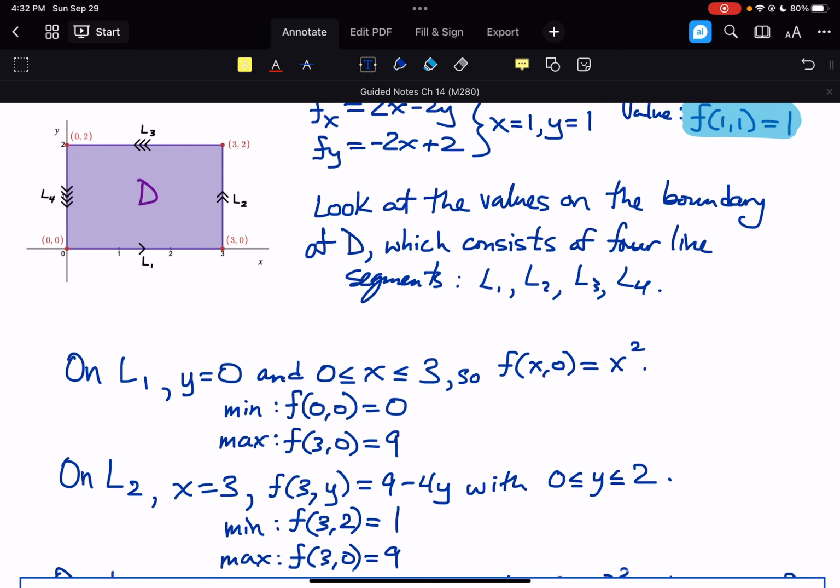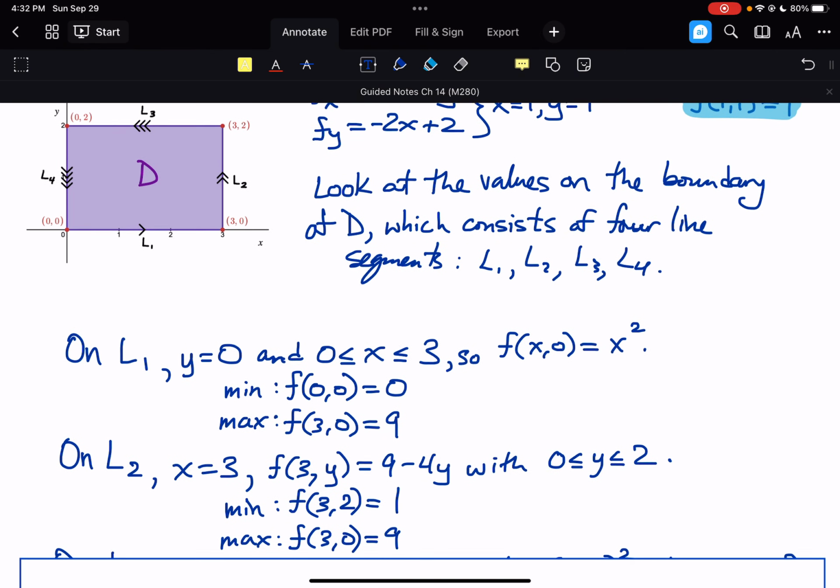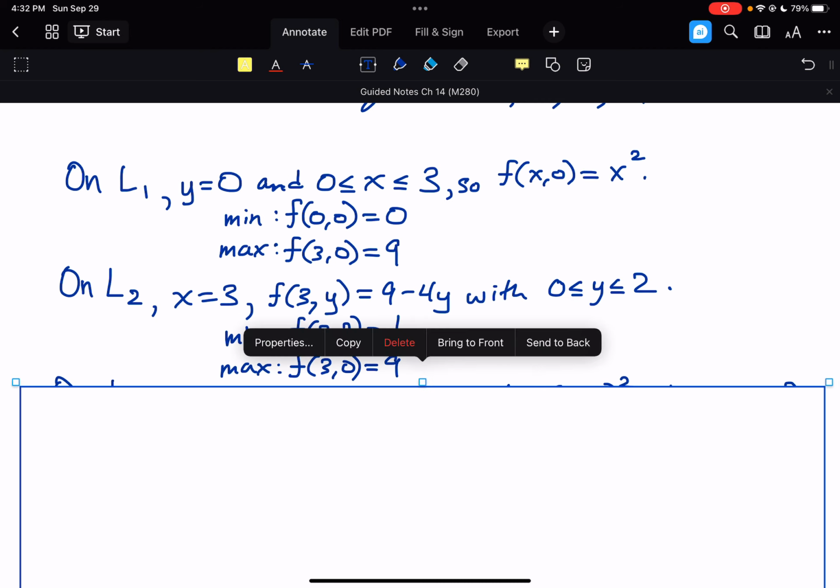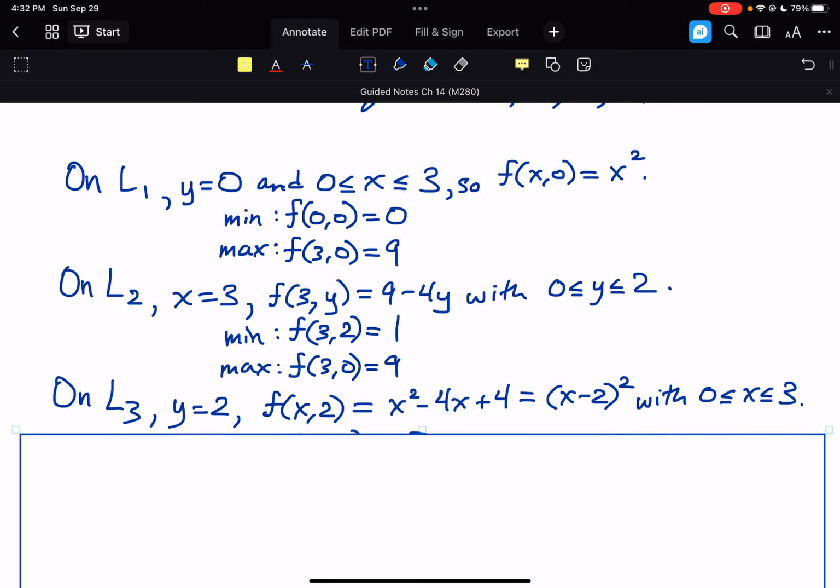For L3, now we're on the horizontal line where y equals 2. L3 is a little bit trickier because we have something that's still quadratic.